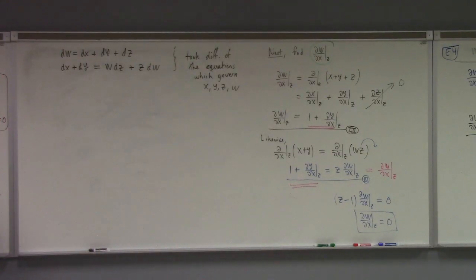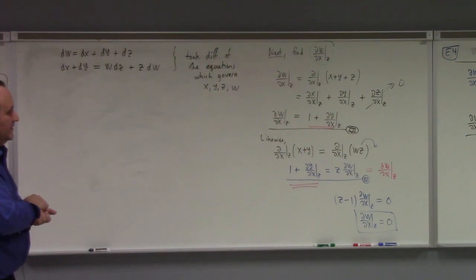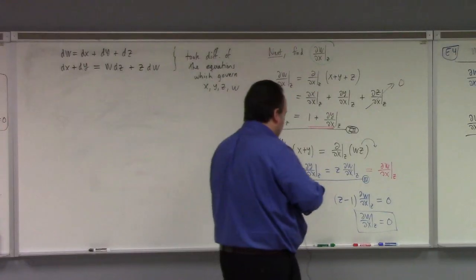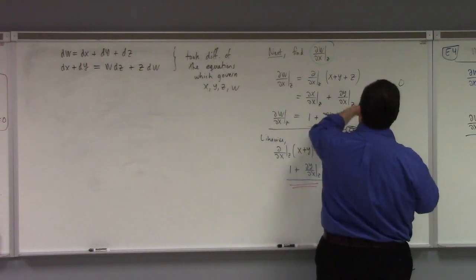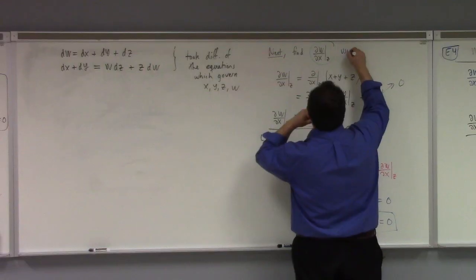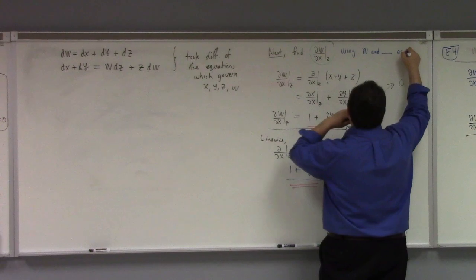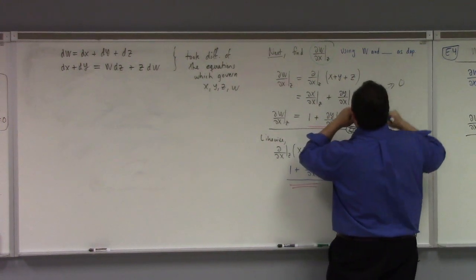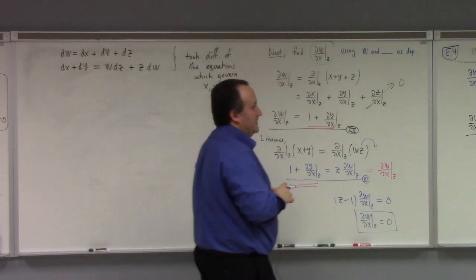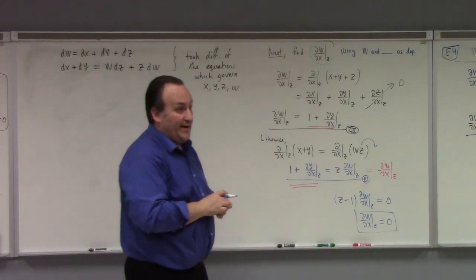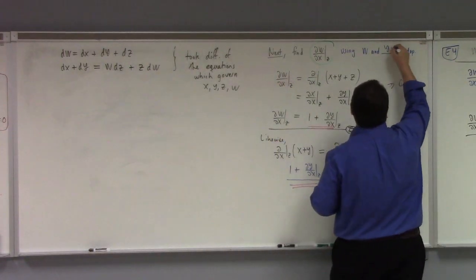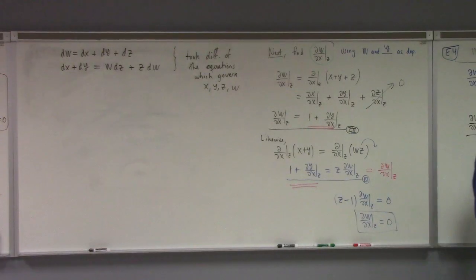So we've got 2 equations in 4 unknowns, basically, right? So let me put some words here. The second half of this calculation, we're using w and blank as dependent. W and what are dependent there? Y. The first half of this example, we're using what?